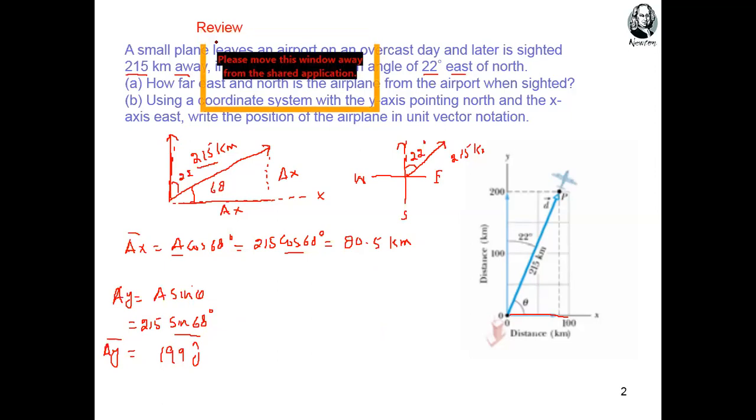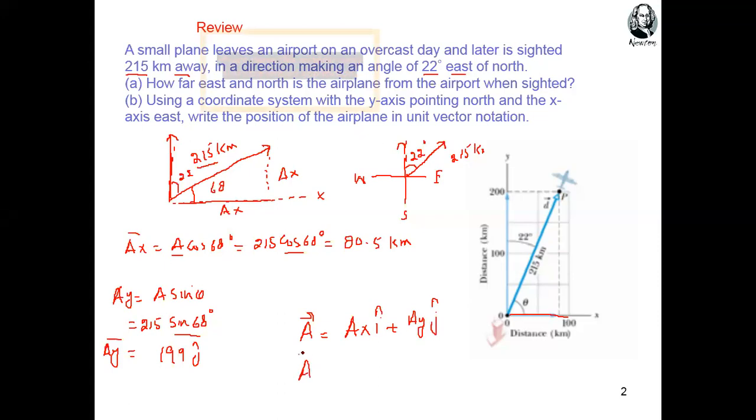Correct? So these are what component, x component and y component. So how can we write the vector for the plane? We have a_x i plus a_y j.